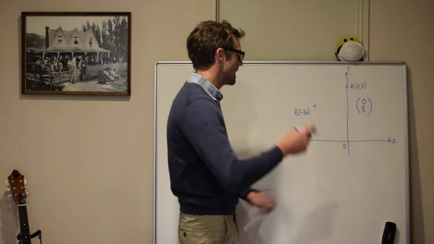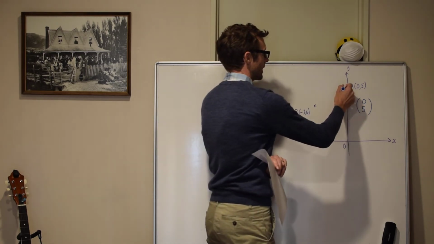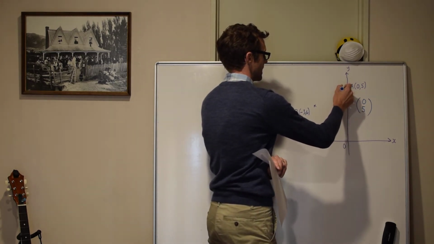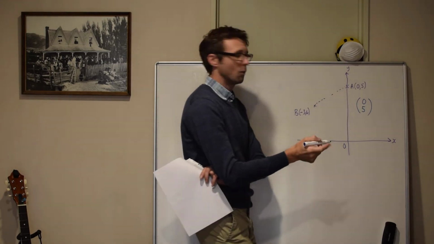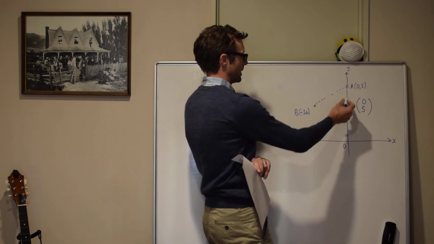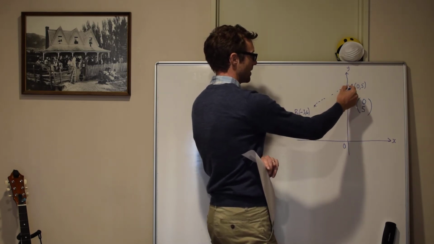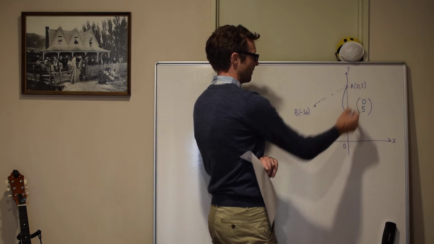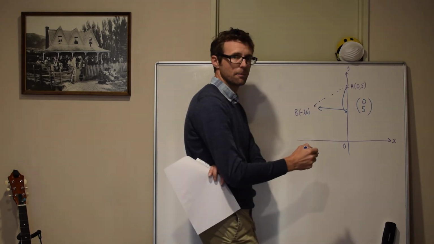That's fairly easy. The next thing is we've got to write AB as a column vector. So we're going from A straight across here to B. Well, what do we have to do? We've got to go from 5 to 4. So we're dropping down 1, and then we're going across 3.